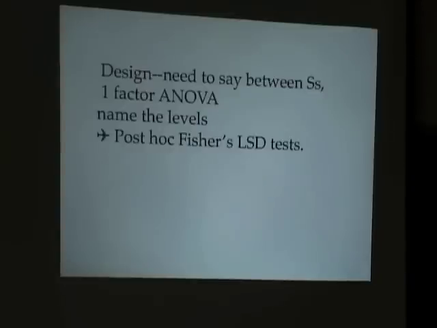Now, as I'll talk more about in my next lecture, an ANOVA is actually a really neat design that controls especially for getting false positives. But when it comes to the end, if you get a significant ANOVA, it doesn't tell you which group is different from which other group. Okay? So it's really good at controlling for high rates of false positives, but at the end, if you get a significant one, you know there's a significant difference in there somewhere, at least one, but you don't know where.